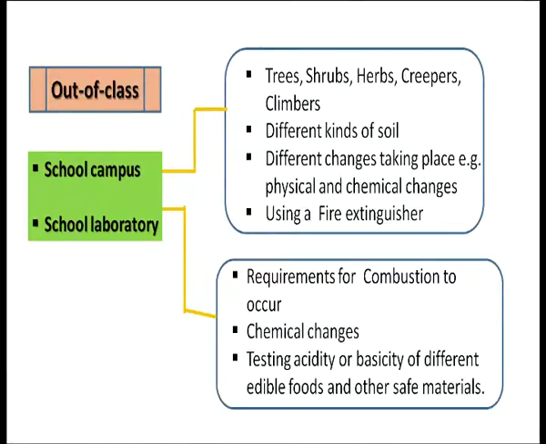So let the children now learn about plants. Instead of telling them the different categories of plants, let them look around. Let them try and find characteristics, and accordingly we help them to put them into categories. The different categories that would naturally emerge are trees, shrubs, herbs, creepers, climbers, palms.